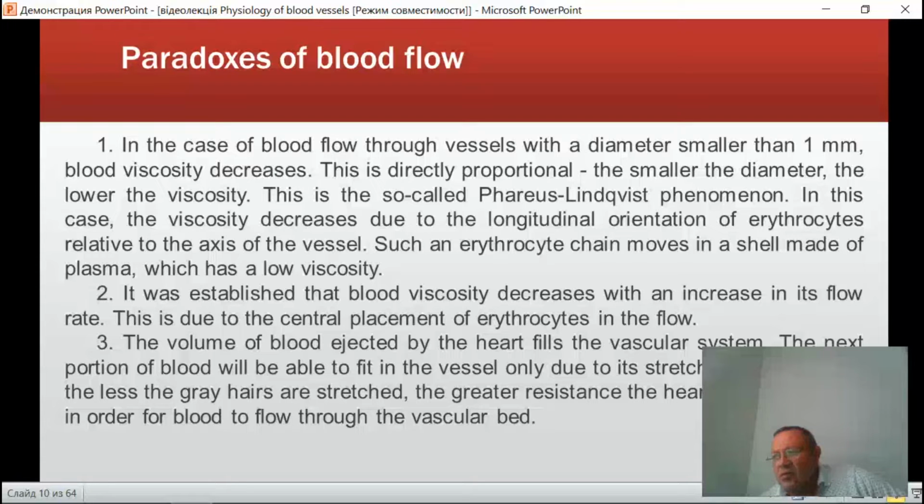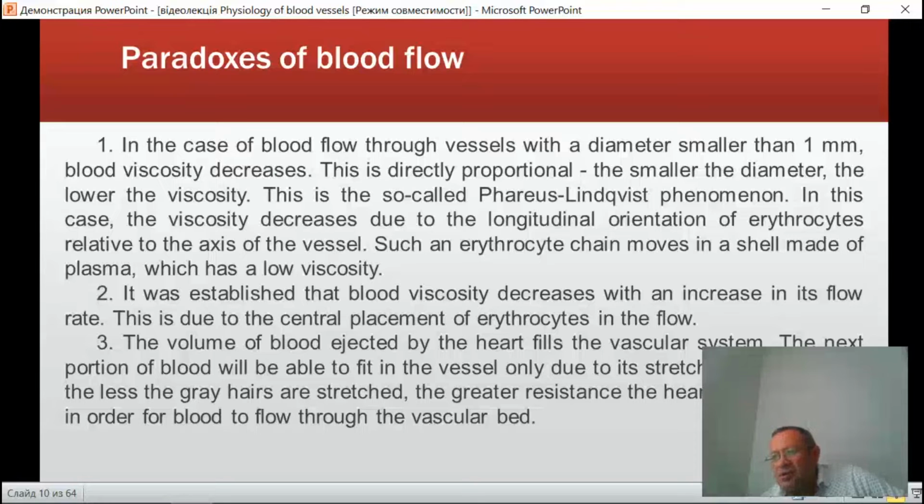Second paradox: it was established that blood viscosity decreases with an increase in the flow rate. This is due to the central placement of erythrocytes in the flow. And last, the volume of blood ejected by the heart fills the vascular system.